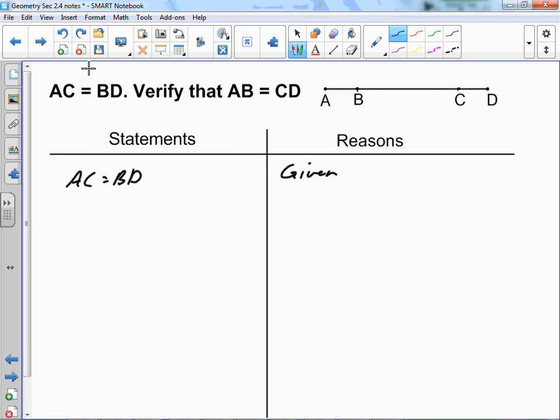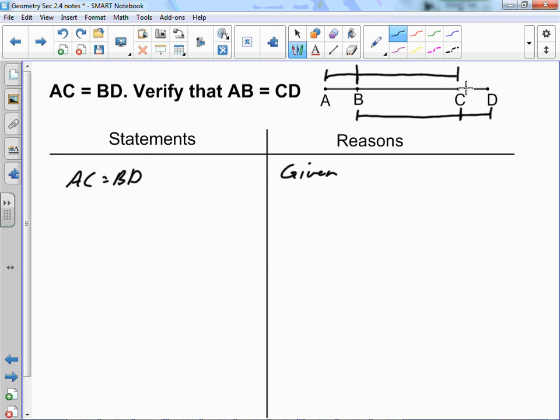Now, we are looking at A to C and B to D. And those two segments kind of overlap, and they overlap from B to C. So each one of them is the length of BC plus another length, right?